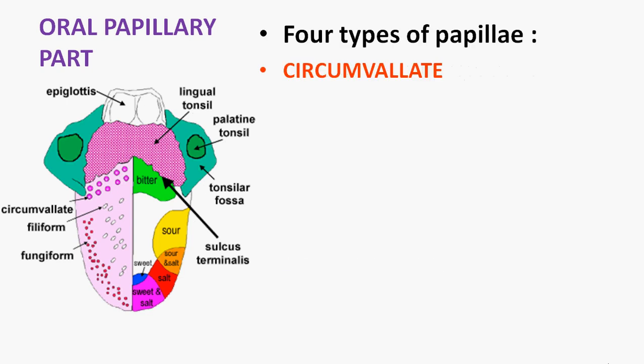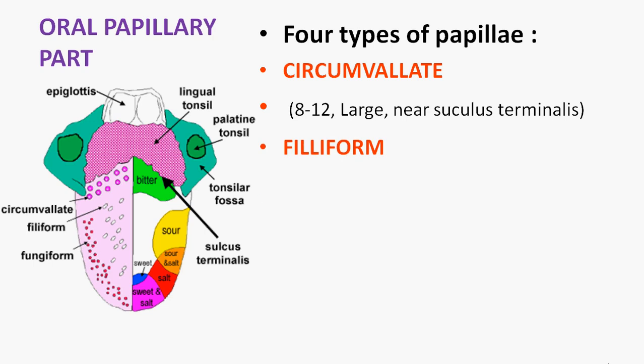It is the largest and least numerous papillae, means they are fewer in number and have a large spherical shape, and they are near the sulcus terminalis. You can see there the large pinkish purple bubbles which represent circumvallate papillae.